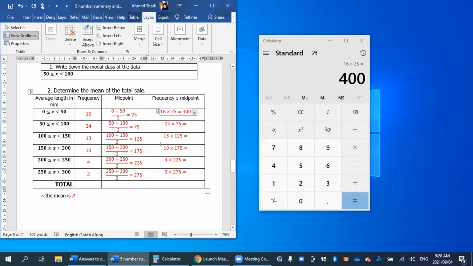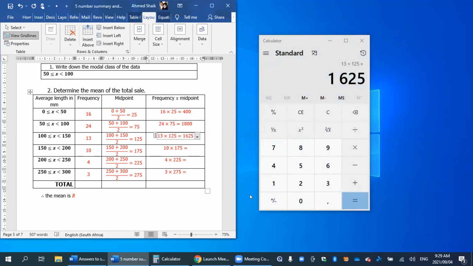If you're looking at our second frequency times midpoint, it's 24 times 75, and that gives us 1,800. Our third frequency times midpoint, our calculation is 13 times 125, and that gives us an answer of 1625.